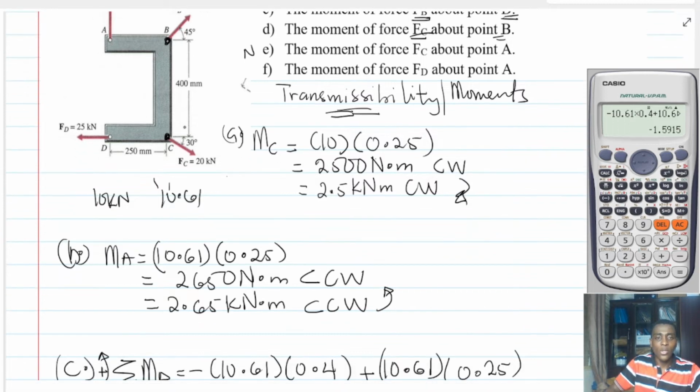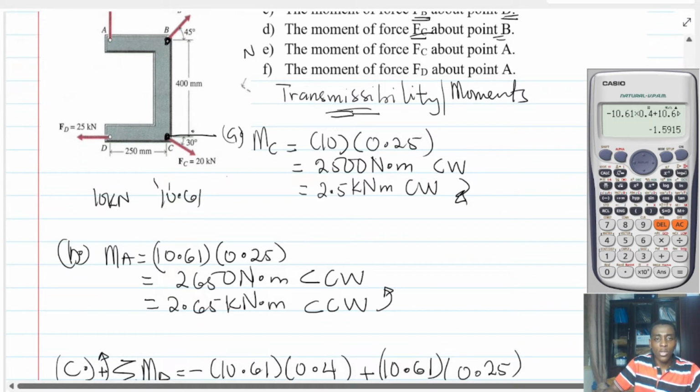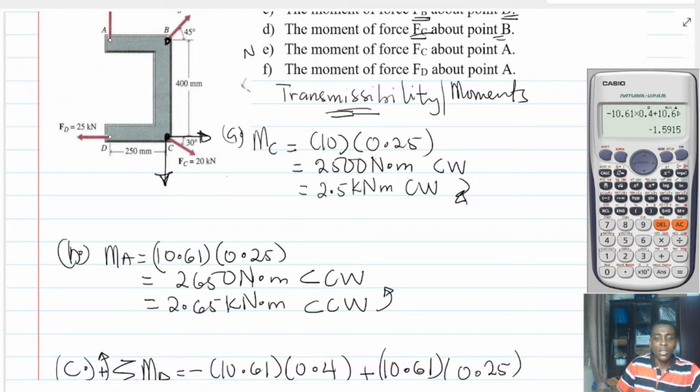This time around, I will resolve FC into horizontal and vertical components. So the vertical component of FC is going to come down like this. Do you get the point? And the horizontal component is going to come this way. Now, the horizontal component is going to be what? 20 cosine 30. What is that?